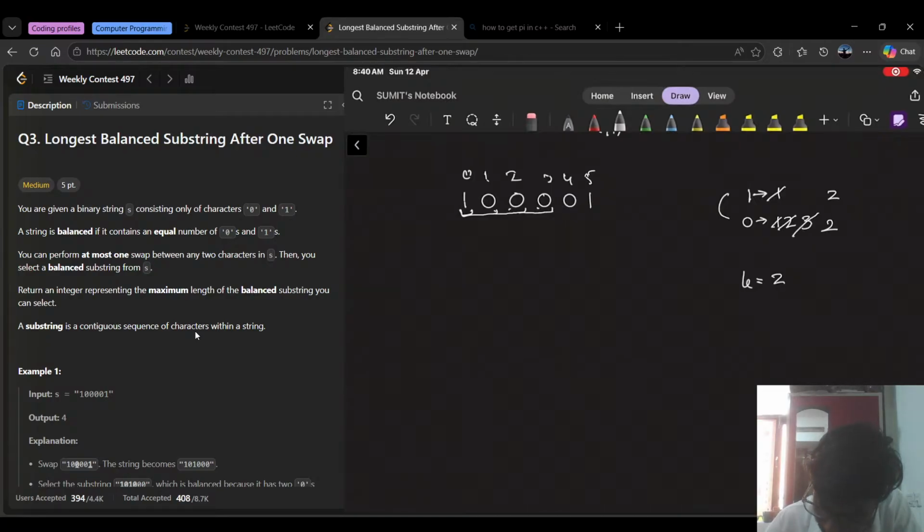Is it good now? Yes, so the length will be 4. But I don't think it's going to work.